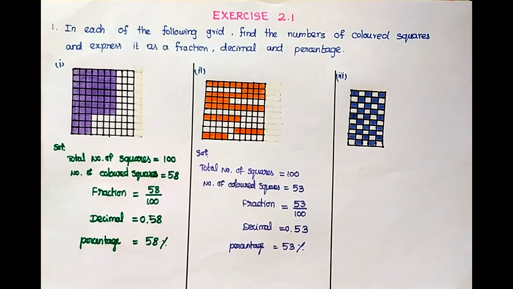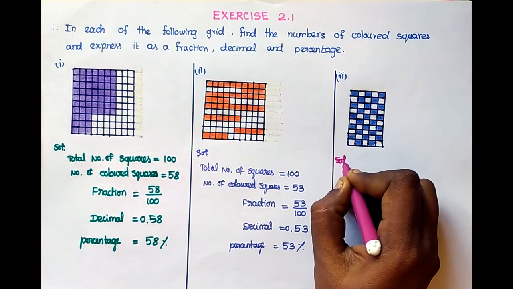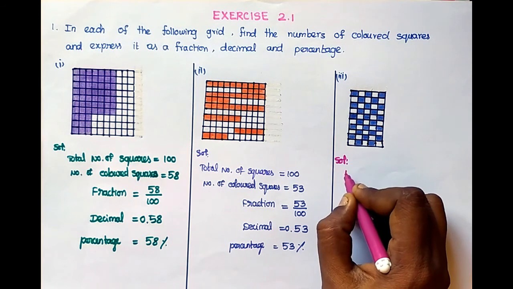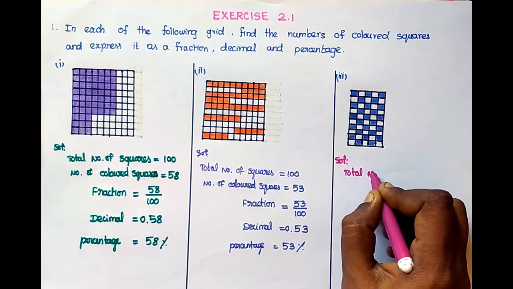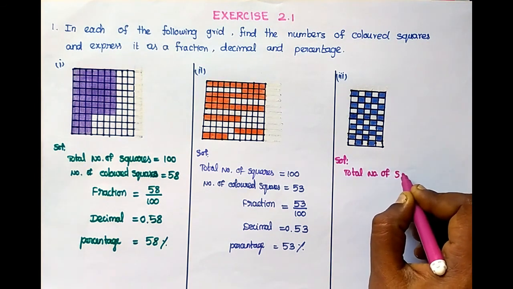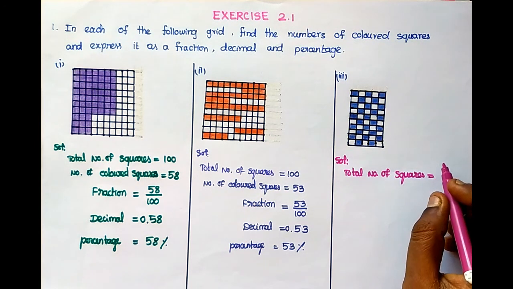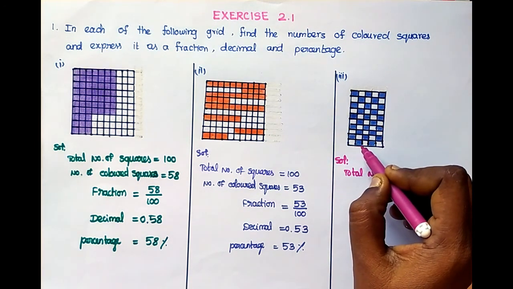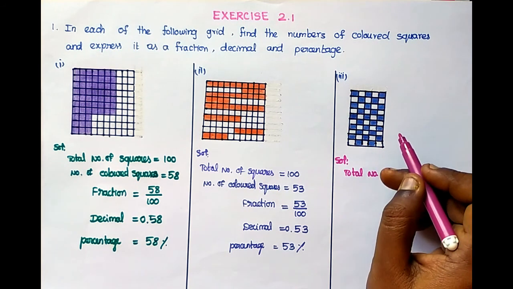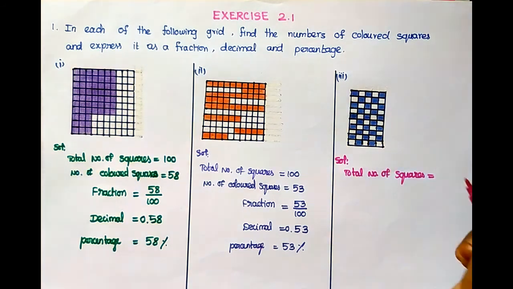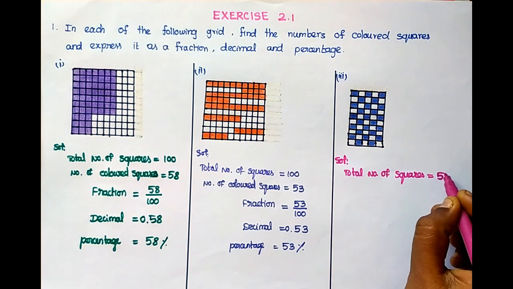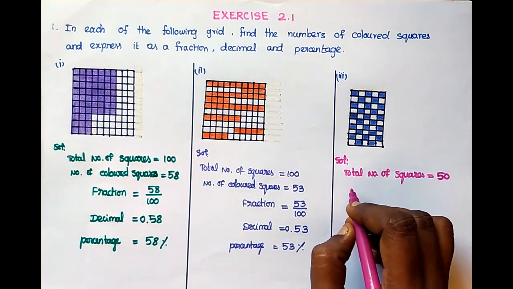Next one. The total number of squares is 1, 2, 3, 4, 5, 5 here and 10, 5 into 10 is 50. 50 squares are there.